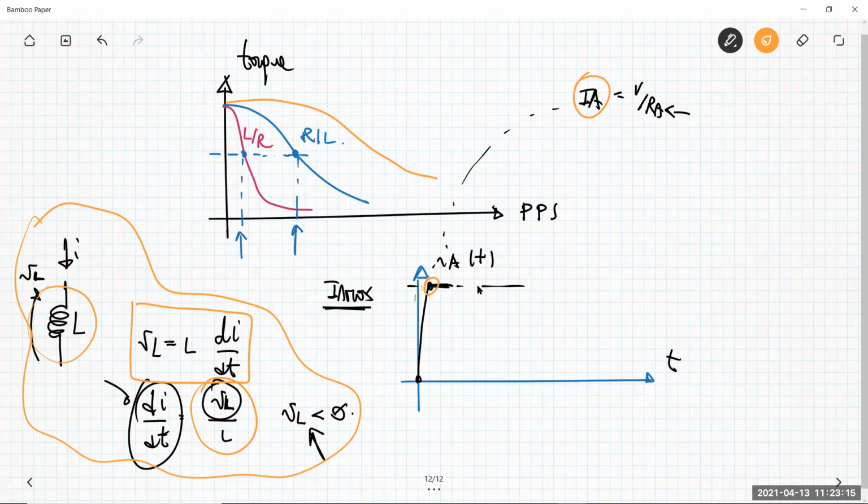In fact, when you have the L over R driver without any diode, at the turn off, the voltage across the inductance, across the phase, is negative and quite large because it's V minus BVDSS, in which BVDSS is larger than V, or much larger than V. When you have the freewheeling diode in the same L over R circuit, the voltage across the inductance is negative, but it is not so large because it's just the minus VF, which is minus 1 volt, minus 1.5 volt.